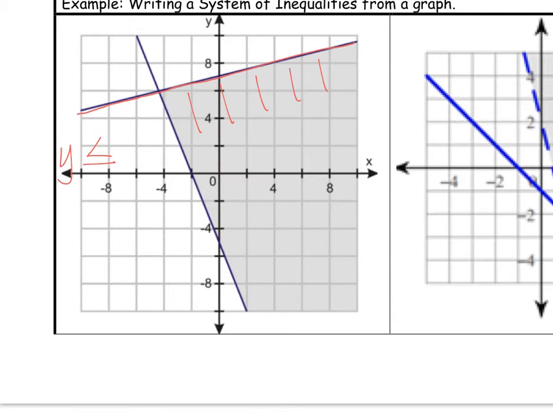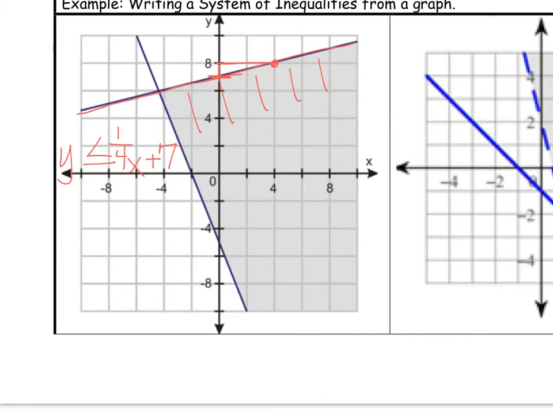So for this boundary line, our y-intercept is positive 7, and our slope, I'm going to use this 0.48 up here, is a positive slope, has a rise of 1 and a run of 4, because my x-axis has intervals of 4. So a rise of 1 and a run of 4.